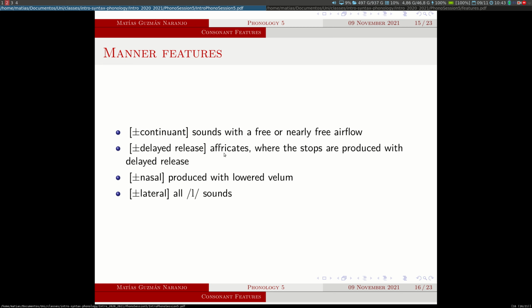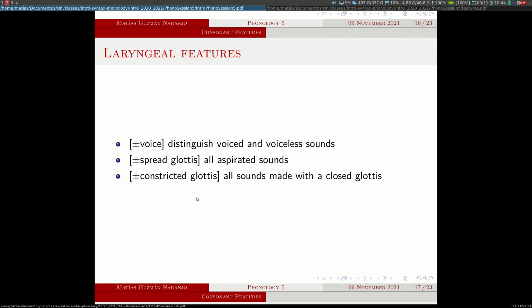You remember those are the cases where two phonemes are basically articulated together at the same time, something like t-sh, d-zh, p, etc. Then we have nasal. This is the same as in the phonetic feature, whether the velum is lowered or not, and there is air coming through your nasal passage. Lateral. These are sets of sounds we had seen. They include L and R, where the sound goes around your tongue basically when it's raised.